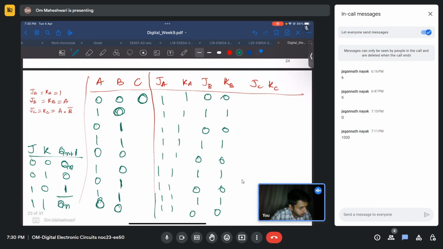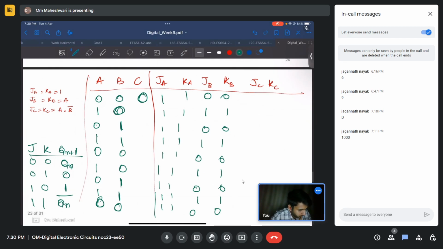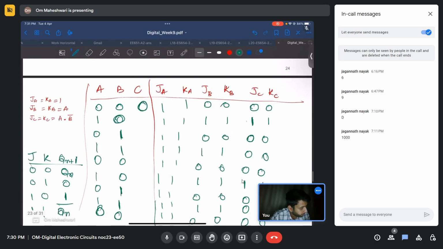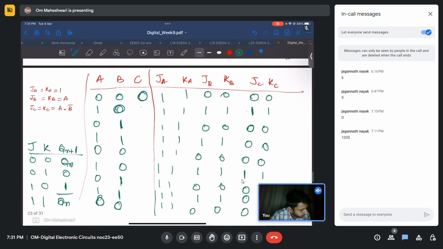For C we have A B bar. A B bar, it is 0, 1, 0, 0, 0, 1, 0, 0, 0. 0 0 means previous state, 1 1 means flip.